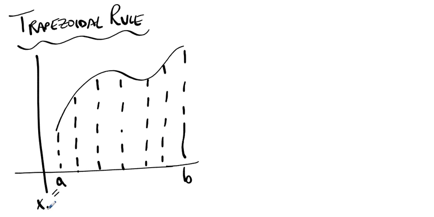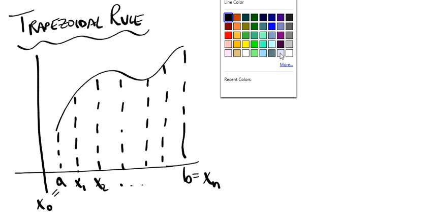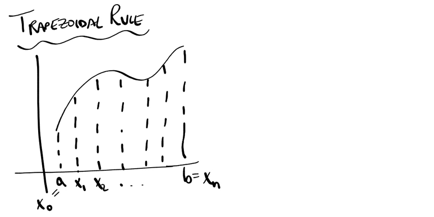So this is x naught, and then x1, and then x2, and there's a bunch of them, and then b is x sub n. But instead of using rectangles, we're going to use trapezoids. And we use trapezoids in the following way. Let's go purple. We use trapezoids in the following way.